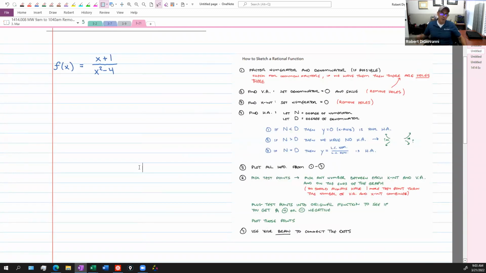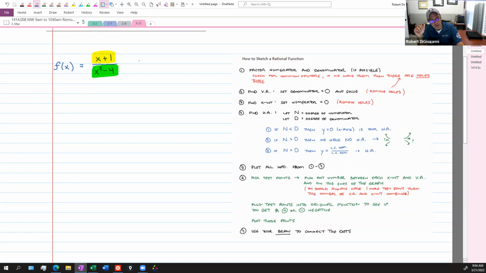Okay, first thing we want to do is make sure we're looking at a rational function. We recognize that we have a polynomial divided by another polynomial. The first step is to completely factor the numerator and denominator and then cancel any factors, remembering that if we have any common factors that cancel, we're going to have a hole in the graph at that point.